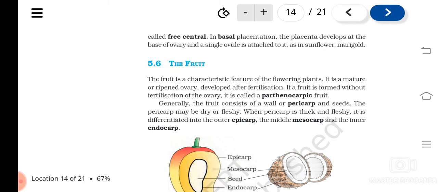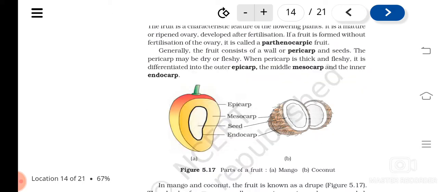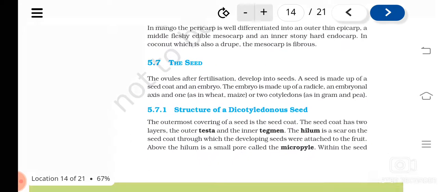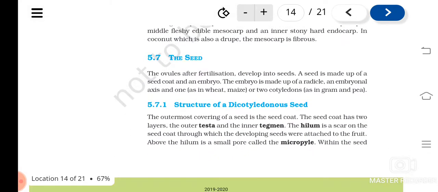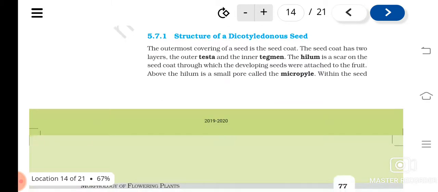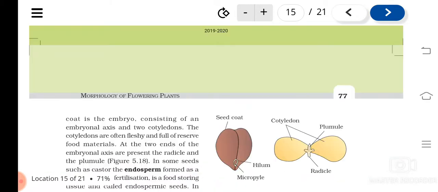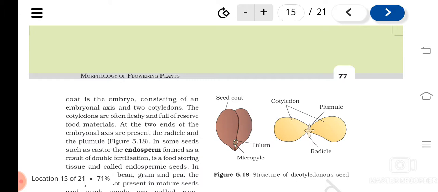Okay, and the fruit can have different layers. That is, the fruit wall is known as pericarp, and it can have different layers like epicarp, mesocarp, and endocarp. Okay, then we have seen about the seed, isn't it? Monocotyledonous and dicotyledonous seed. So in a dicot seed, what are the parts?